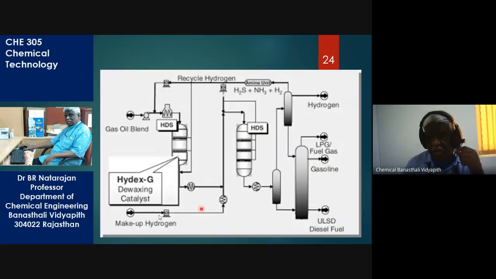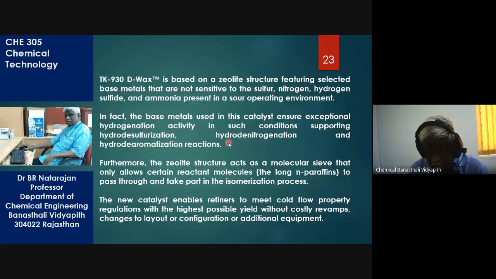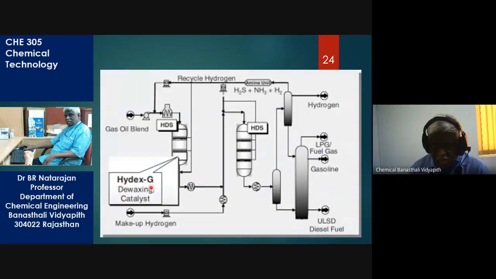Okay, so catalytic dewaxing. This is the flow sheet for it. So this hydrogen is present, right? So it is done in the presence of hydrogen. So you can see some, of course, some cracking is happening. The dewaxing catalyst, right? So what else? HDS is sulfur, diesel with large quantity of sulfur. ULSD is ultra low sulfur diesel, right? I think this should be HSD, high sulfur diesel, may not be HDS, HSD it should be, right?